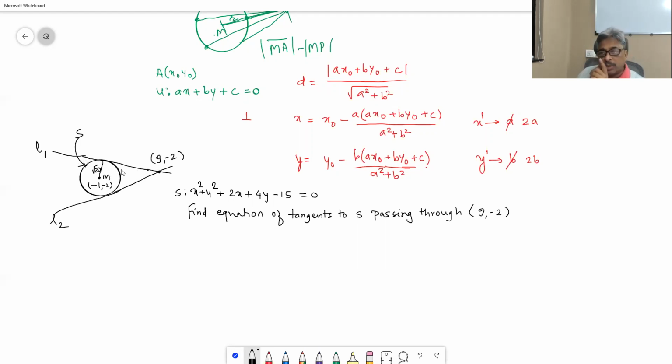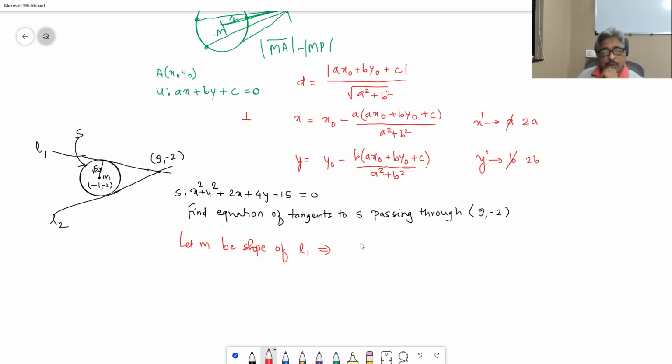So the starting point is, let m be the slope of L1. The moment I assume slope m, which I am going to find out, and the moment I get the value of m, I get the equations of the lines.